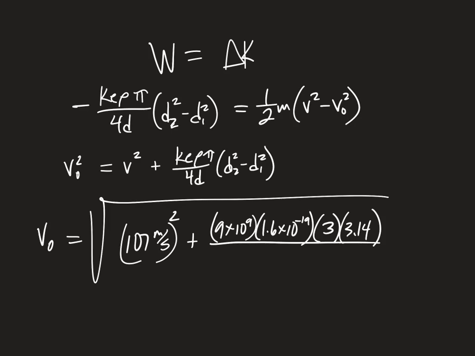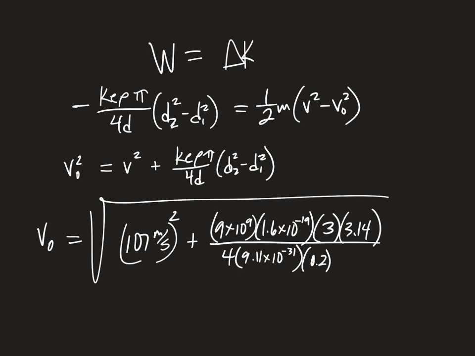Or I guess it's not 2 times, but 4 times. 9.11 times 10 to the minus 31. So this is that mass of the electron. And we had 20 centimeters, which would be 0.2 meters. Right?